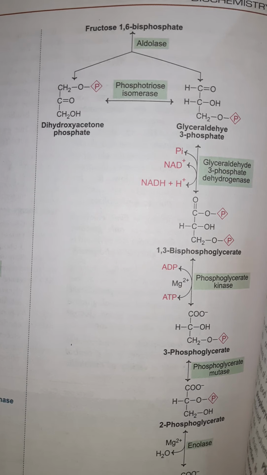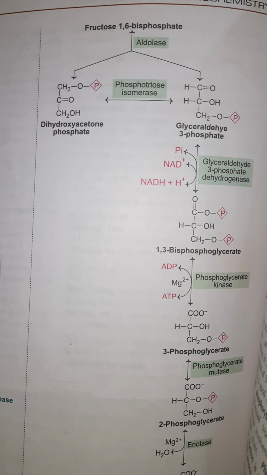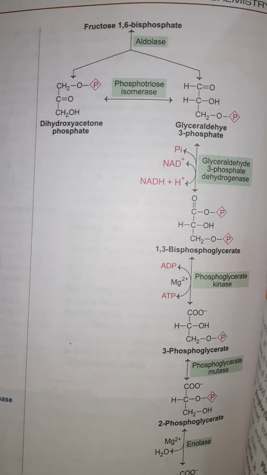Next is the energy generation phase. Here, glyceraldehyde 3-phosphate is oxidized to form 1,3-bisphosphoglycerate, also called 1,3-diphosphoglycerate, by the enzyme glyceraldehyde 3-phosphate dehydrogenase.